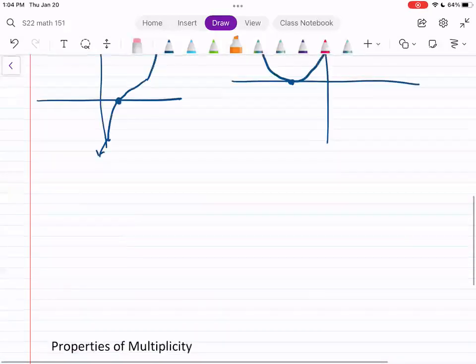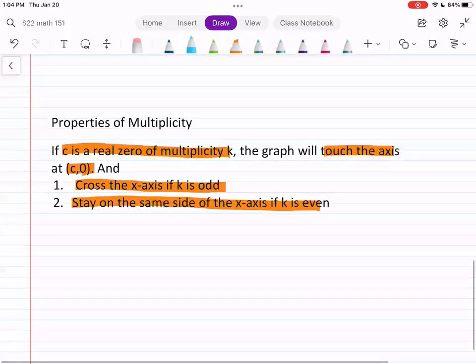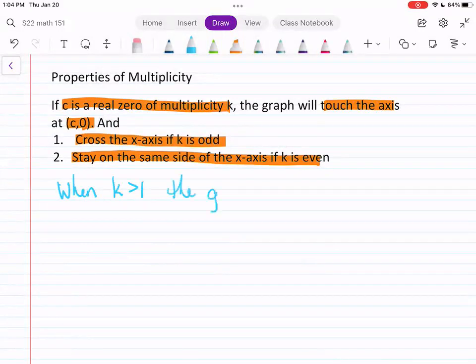Notice in this previous example, when k was odd, it crossed the axis. Here, it stayed on the same side. If k is greater than 1, the graph will flatten out at this c comma 0.